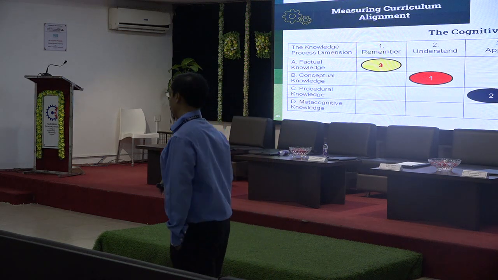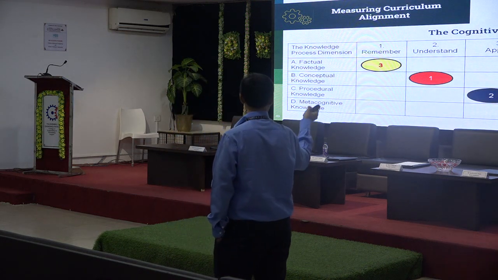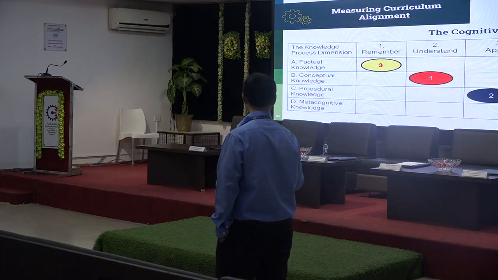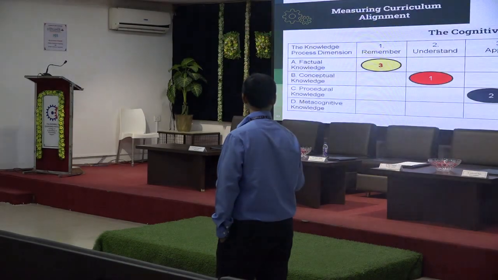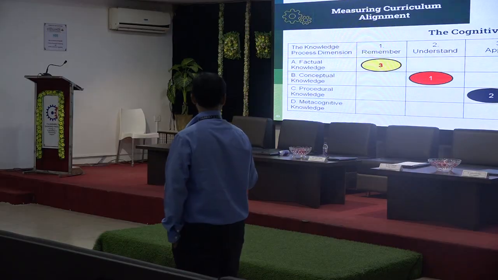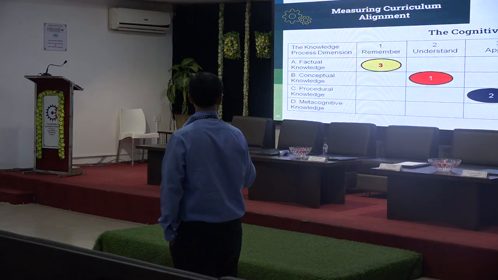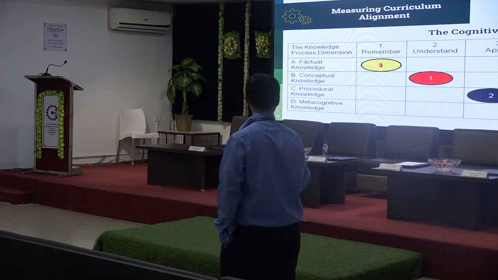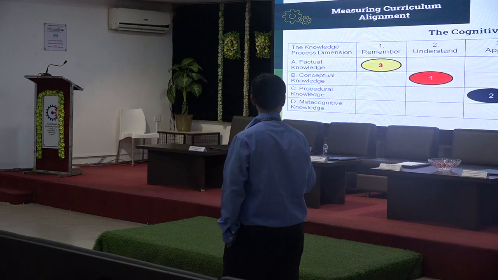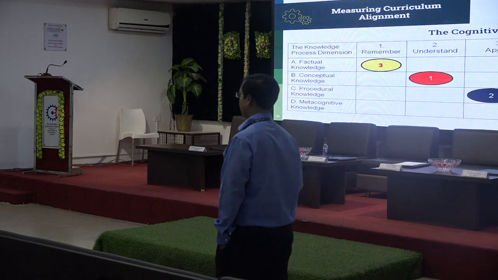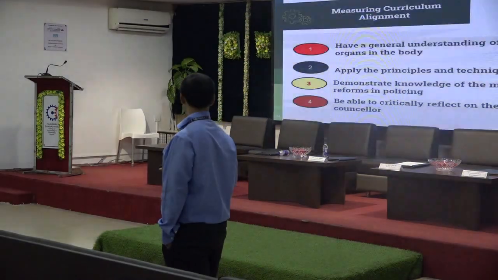Let's say I have aligned my program in this way. I will show what all these colors are. These colors, let's say 1, 2, 3 and 4. 1 is at understand level, the second is at apply level, the third is at remember level, and the fourth is at analyze level. So these 4 statements I have written.